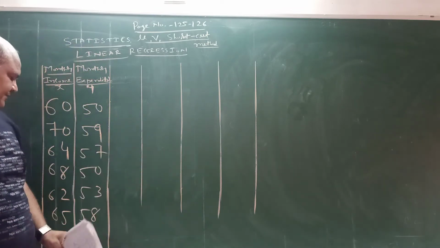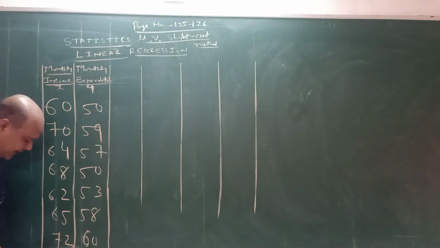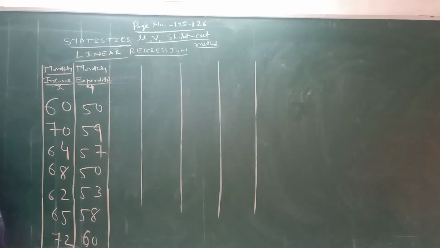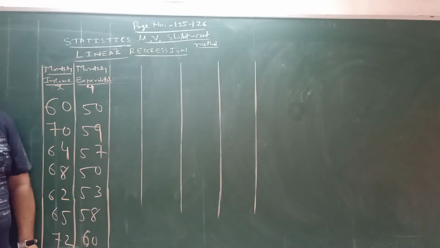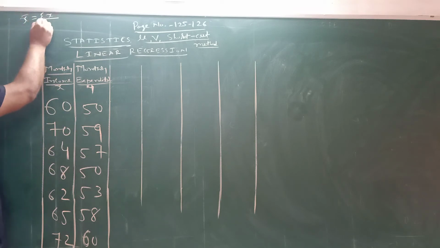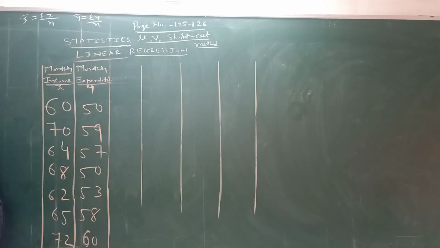So let's see, do the total of the column of X. The column of X total is 461 and the total of the column of Y is 387. We can easily find X bar and Y bar and take the decision. The formula of X bar, we all know, is sigma x upon n.